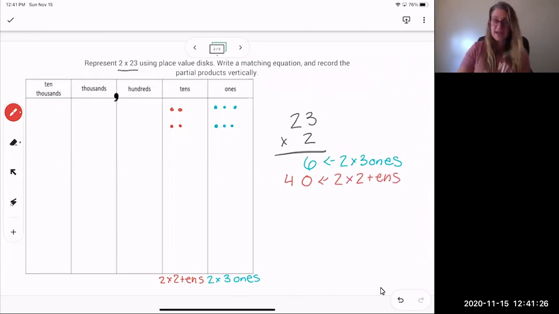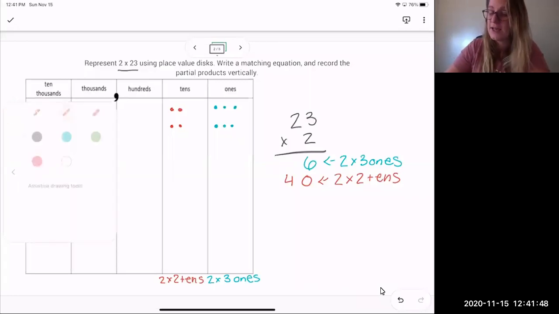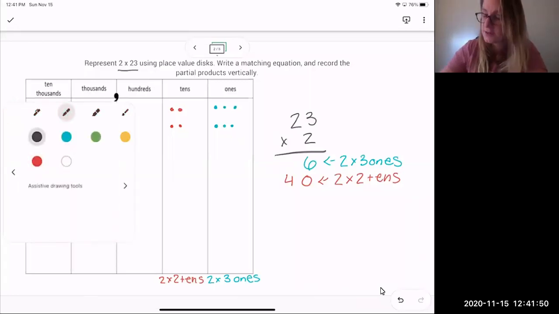So this is exactly what I mean when I say record your partial products, because what we're really doing is breaking our 2-digit number into partial parts, into a tens and a ones. Okay, so we are multiplying and representing that in our equation.